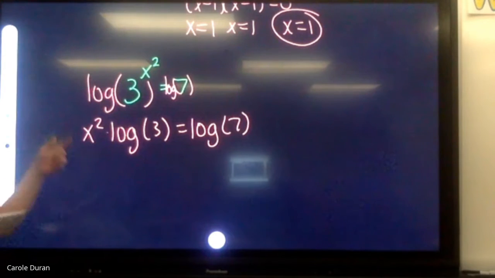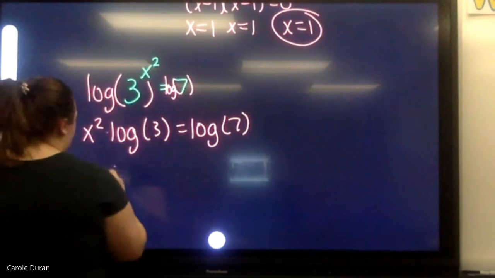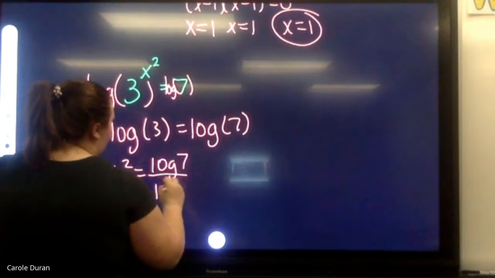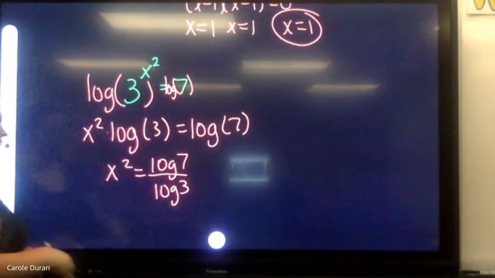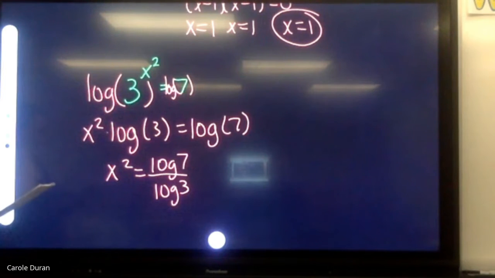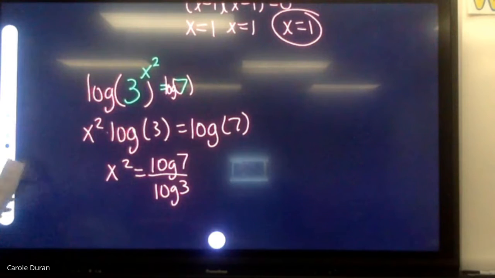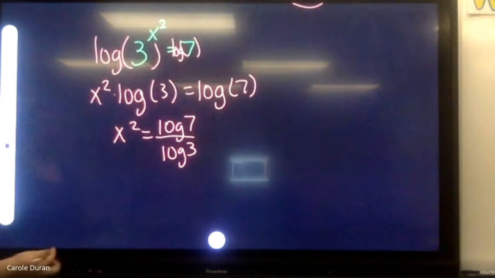I can go ahead and divide the log of 3 over to the right-hand side, and I get x squared equals log of 7 over log of 3. I have x squared equals that, so I need to find a way to solve for just x. The only way to do that is to square root both sides.